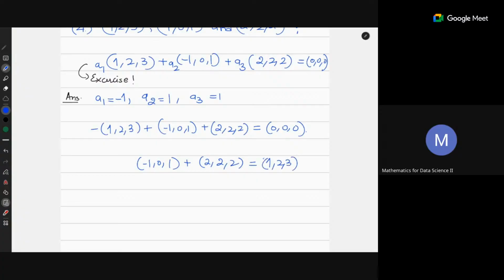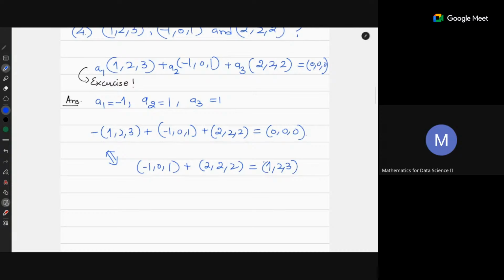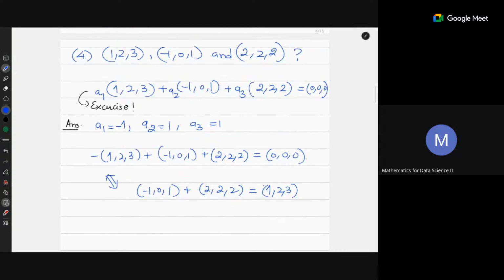So these 2 things are same. In other words, if 3 vectors are dependent, you can write one of the vectors in terms of the other 2. If 3 vectors in R3, let me be precise.